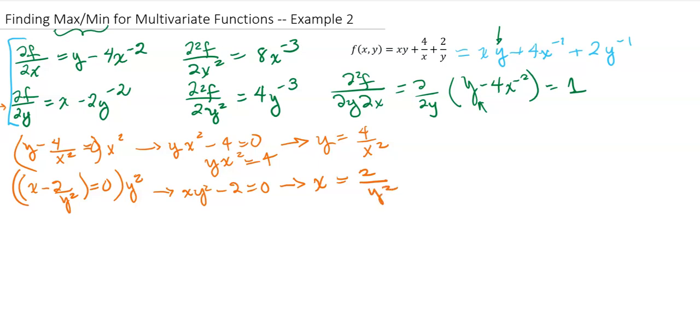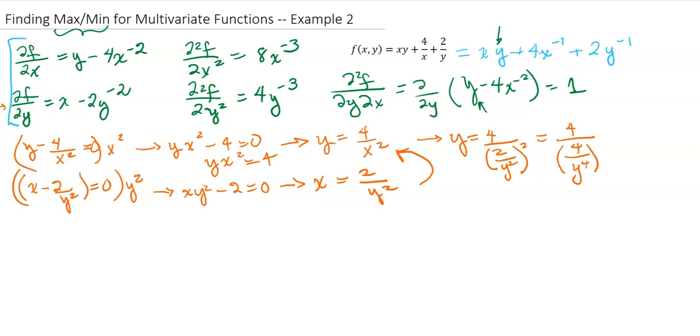Now I've solved, so now I can substitute. So I'll substitute this one in here. That will then give me that y is equal to 4 over 2 over y squared, squared. Well, that's 4 over y to the 4th.